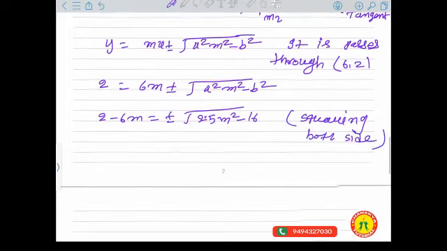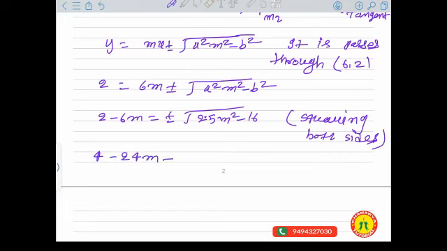Squaring it means 4 minus 24m plus 36m square is equal to 25m square minus 16.